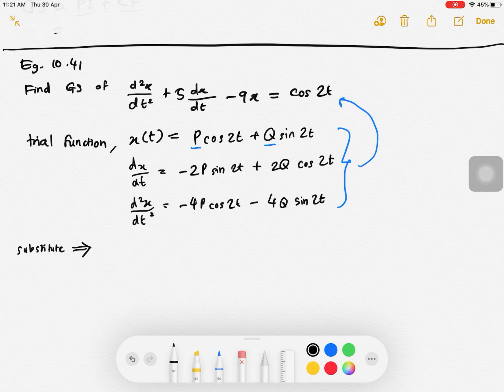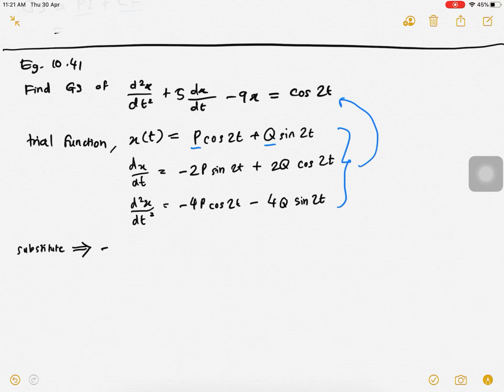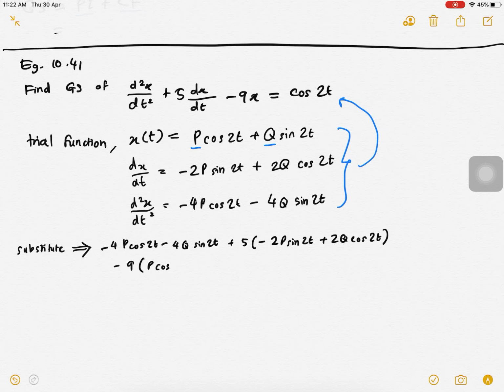What we will get is quite a lengthy equation: negative 4p cos 2t minus 4q sin 2t plus 5 times negative 2p sin 2t plus 2q cos 2t, minus 9 times p cos 2t plus q sin 2t, and this all is equal to cos 2t.